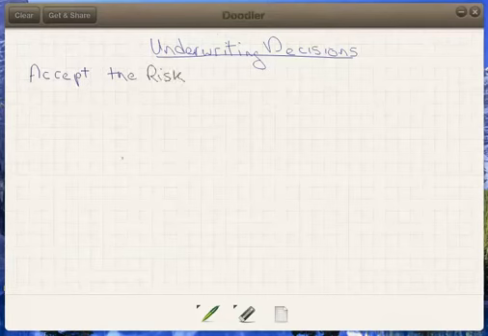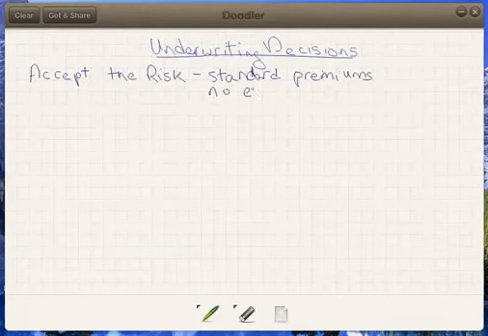We're going to accept the risk. If we accept the risk, you'll have a standard premium charged, and no exclusions or modifications to the policy. That's really what we're hoping for.